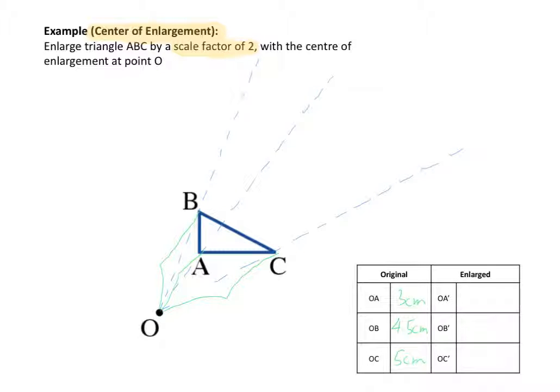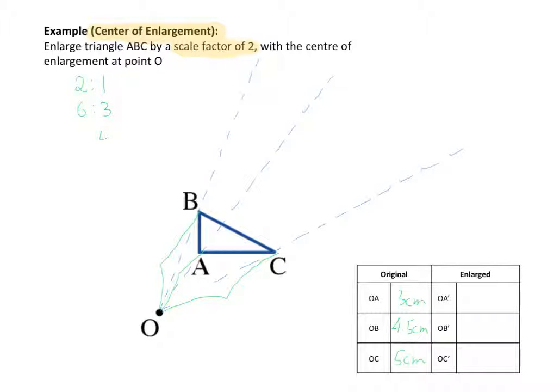Now that I've got my measurements, O to A, O to B, and O to C, I can work out what my enlarged measurements are going to be. I'm using a scale factor of 2:1. So if my original is 3, then the length of my new image is going to be 6.